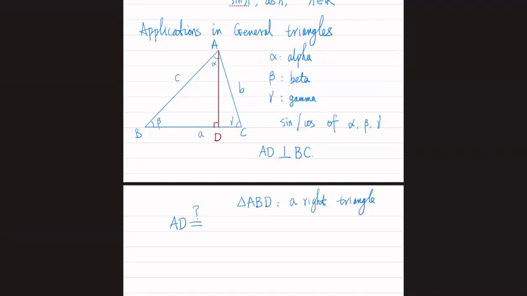Okay, so George, in this right triangle, how do you express sine beta? Using the ratios of the sides, like what we did before?